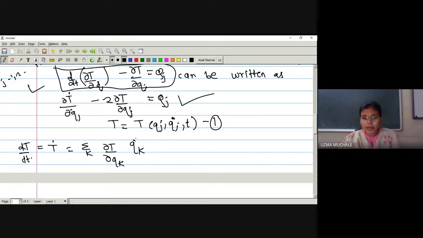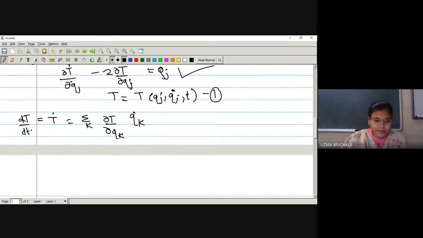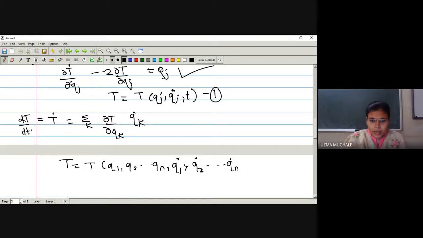Now how does this term come? Let me evaluate it. T is equal to T of q1, q2 up to qn, then q̇1, q̇2, and so on up to q̇n, and t.